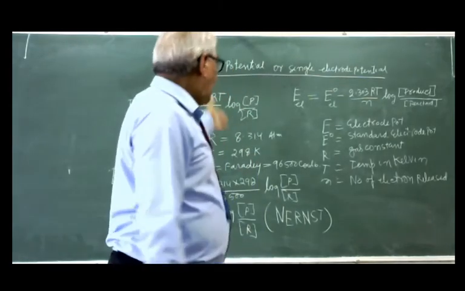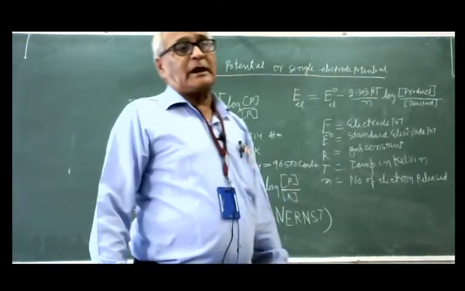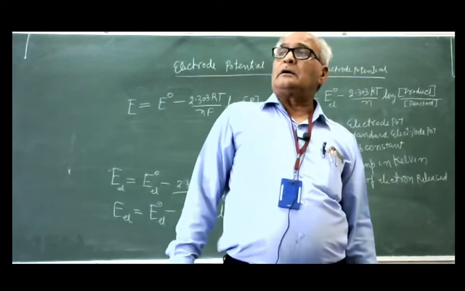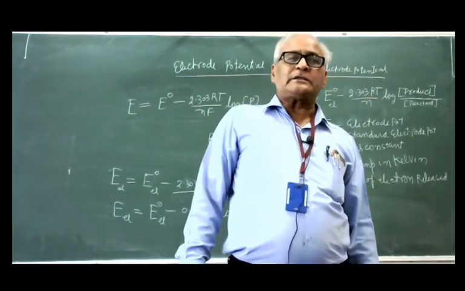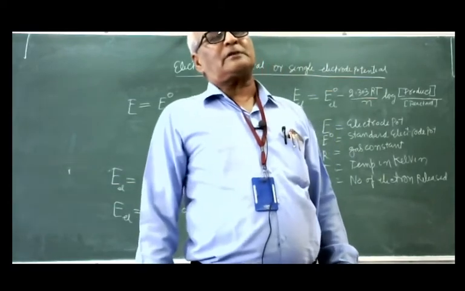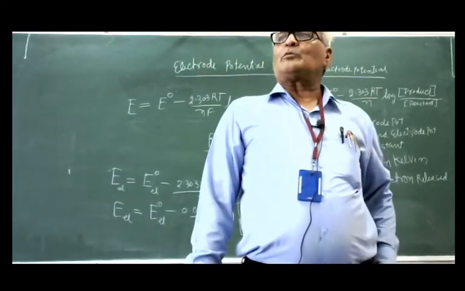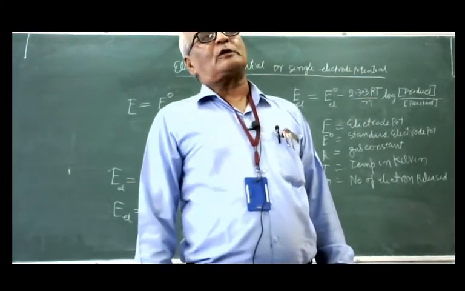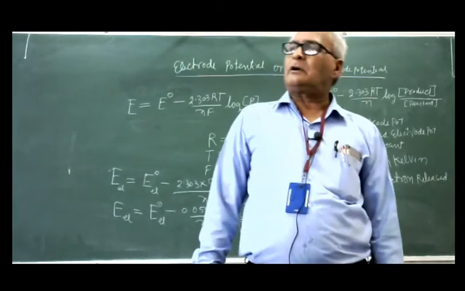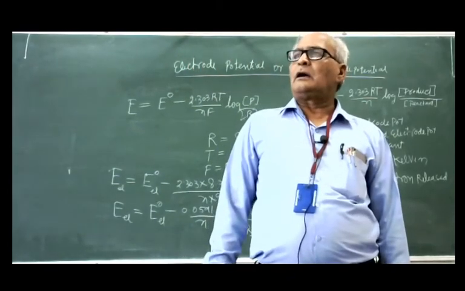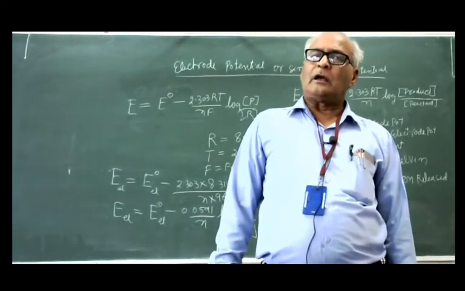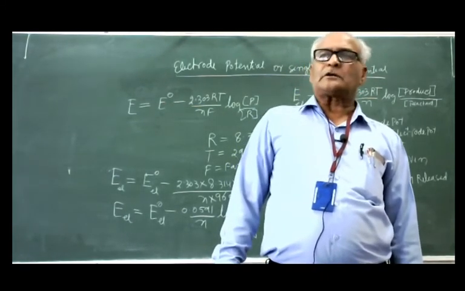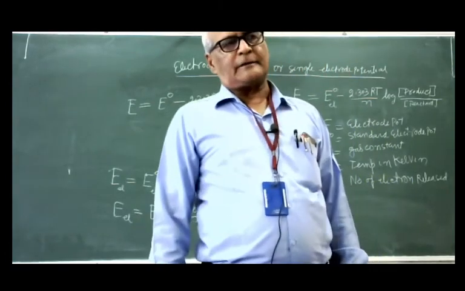I am taking the help of the thermodynamic relation because change of free energy is a thermodynamic function. So in thermodynamics, delta G is equal to delta G0 plus RT ln, log to the base e, of concentration of product upon concentration of the reactant.